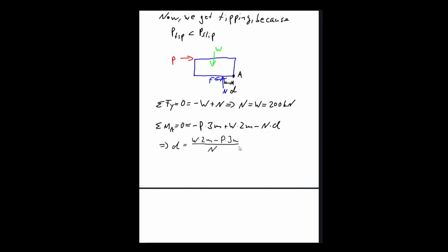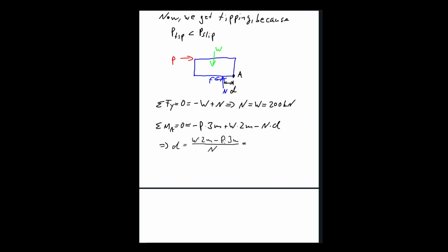W we know was 200 kilonewton. N is also equal to W, so that cancels out.